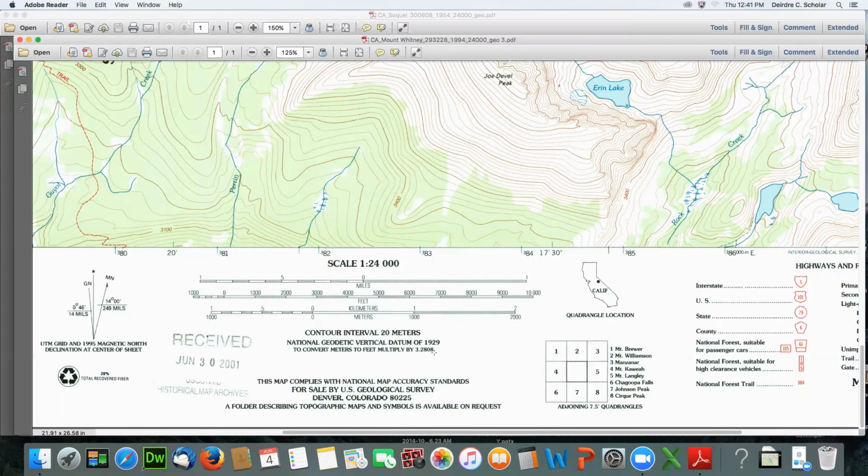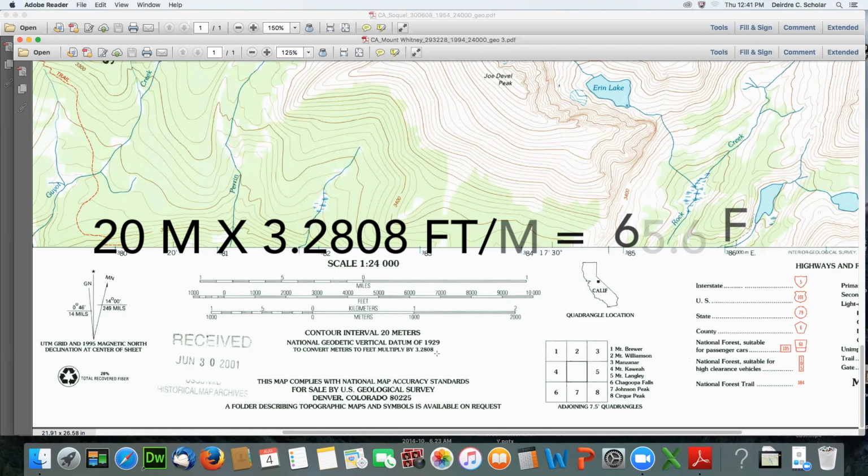Now, because the Mount Whitney map's contour interval is in units of meters, and it's 20 meters, if we wanted to know what that contour interval is in units of feet, we would just have to multiply our 20 meters by 3.2808 feet per meter. And when you do that, you come up with just under 66 feet.